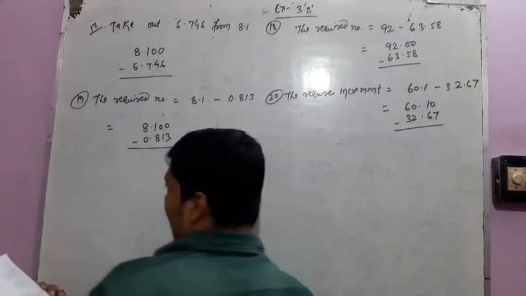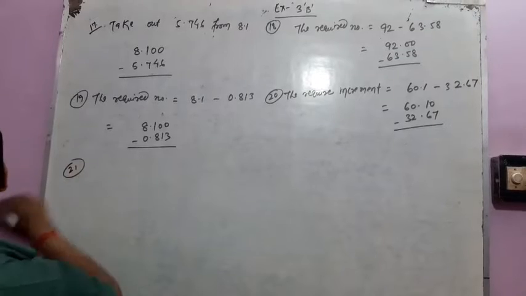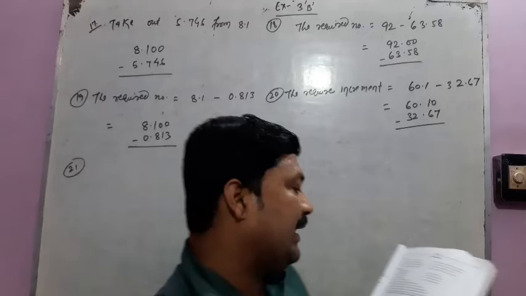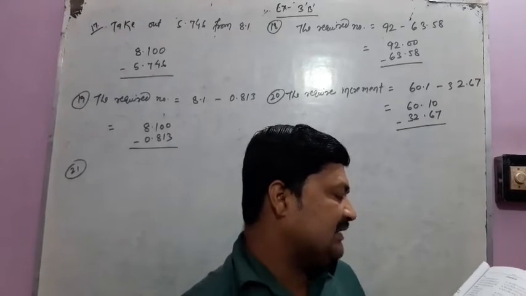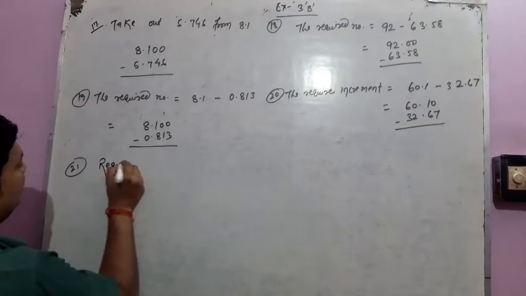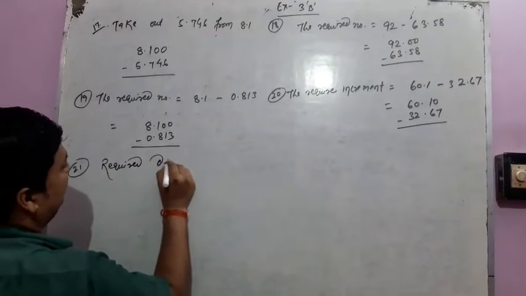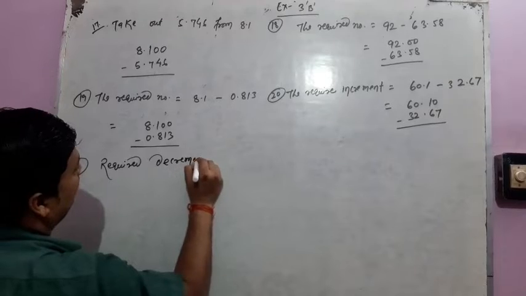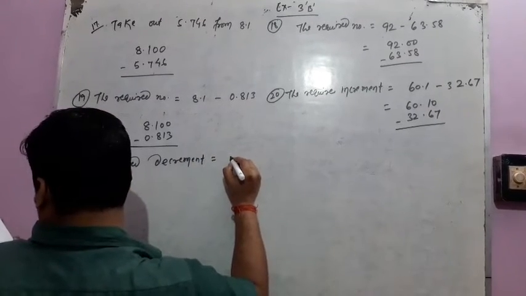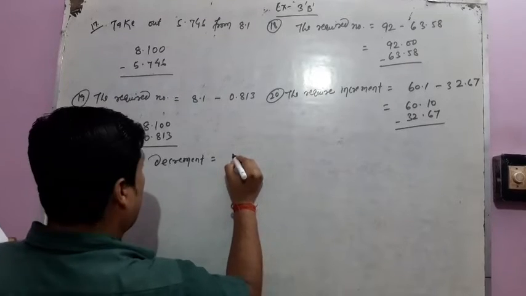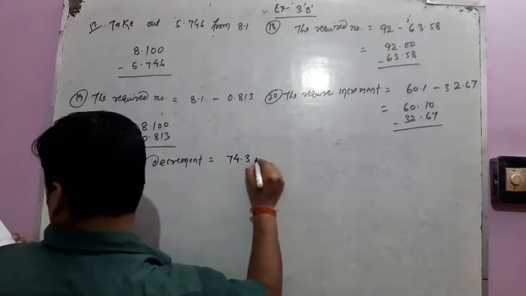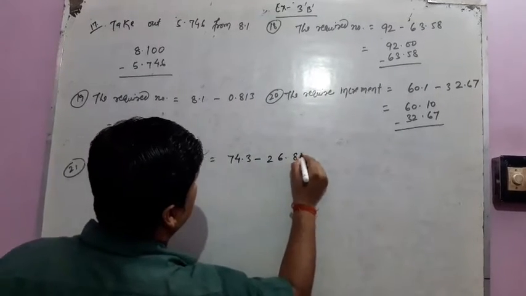Now in question number 21, look at here. By how much should 74.3 be decreased to get 26.87? Required decrement is equal to 74.3 minus 26.87.